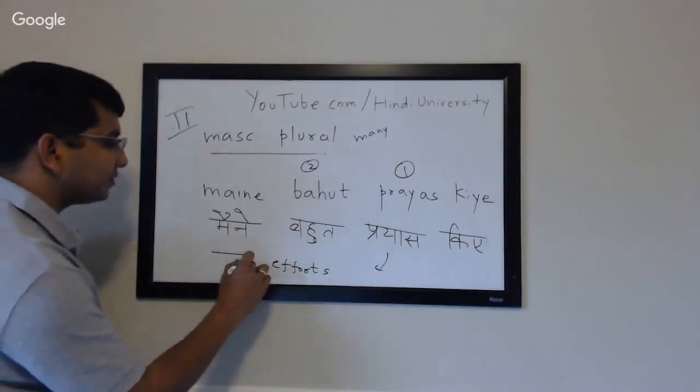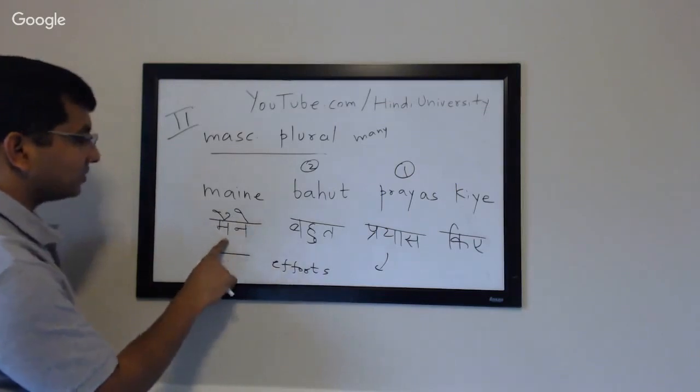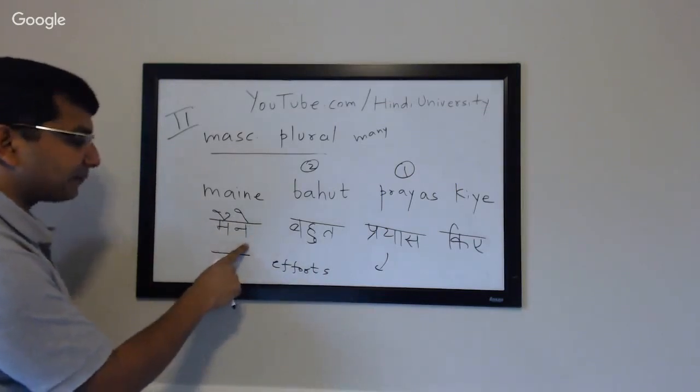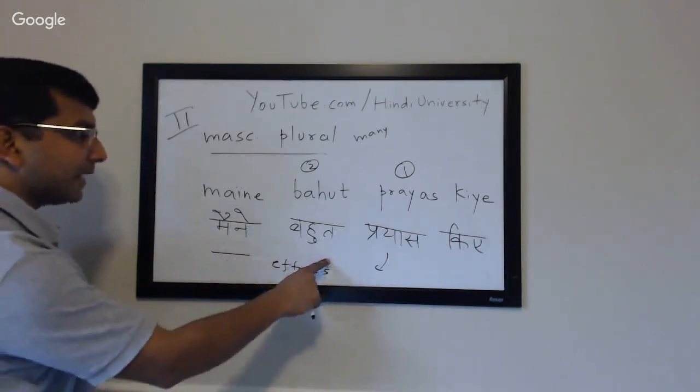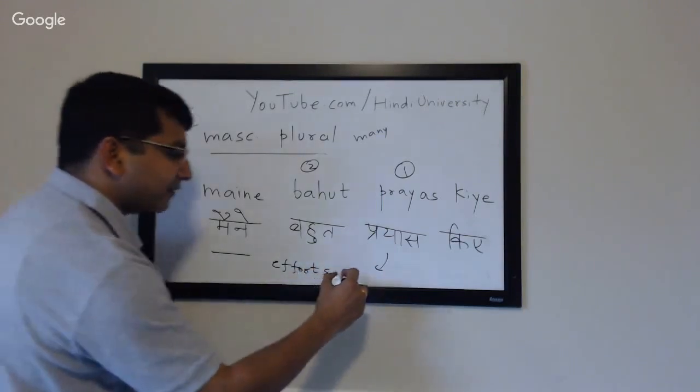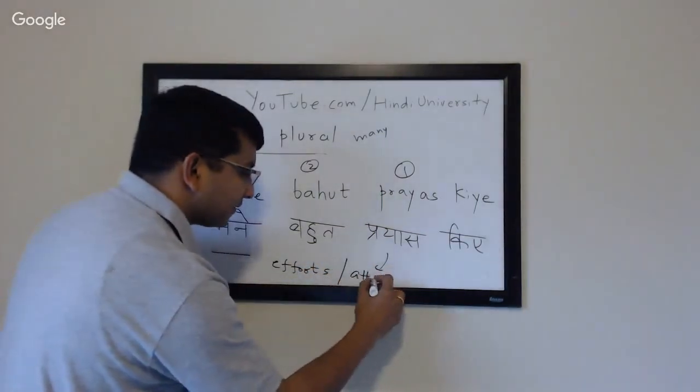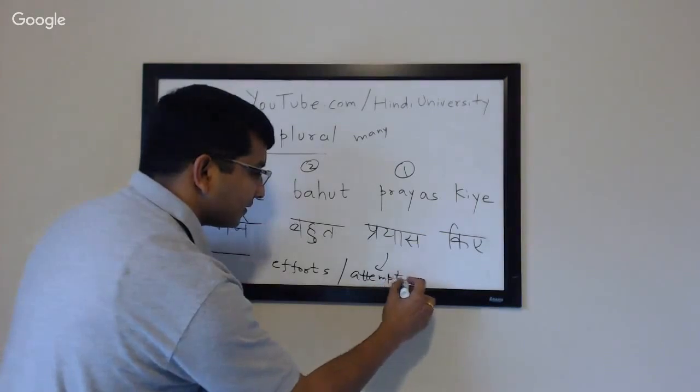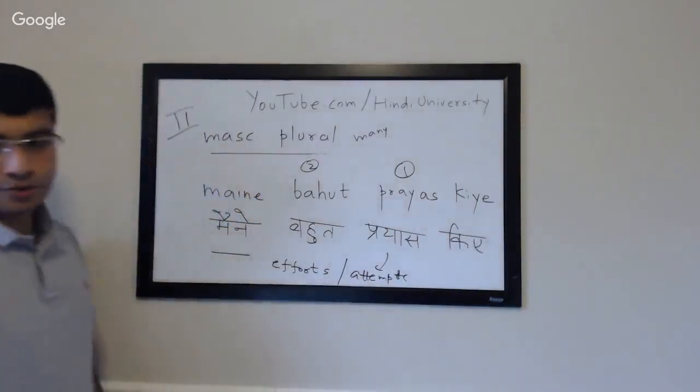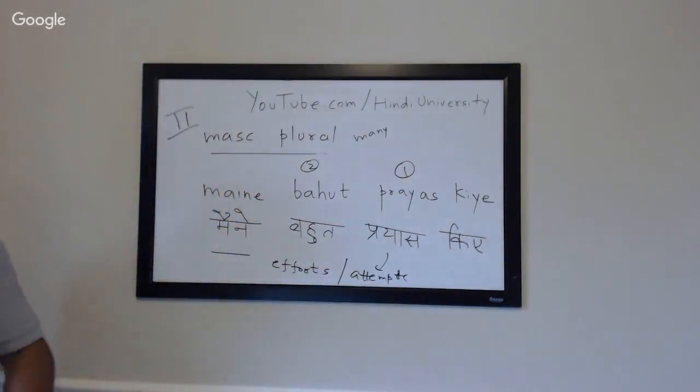The sentence is used in the past tense because the pronoun is coming with ne. Bahut is many, prayas is efforts or attempts, and then kiya is to do. Now let me ask you again, what does the sentence say?